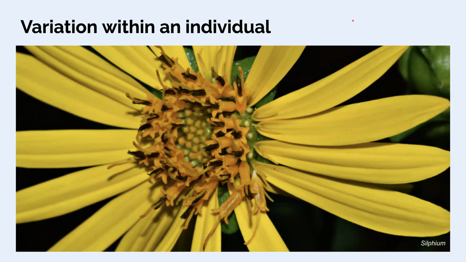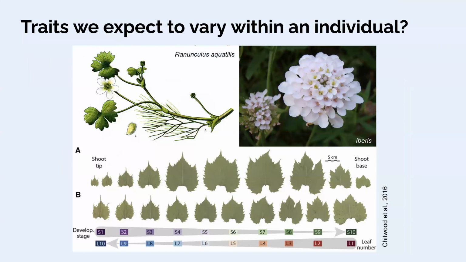And going back, we already talked about variation within an individual. And what do we expect to find varying within an individual? A lot of times these little finer differences. So fine differences in leaf size, flower number, and so on.